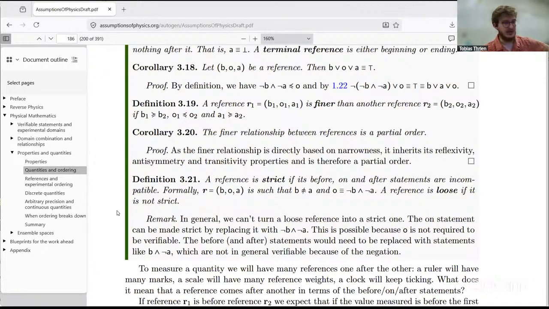Could we run into an issue that the on statement becomes impossible as well? Let me think. Can it become impossible? It shouldn't. If you define it as not before and not after, it would be another thing that can go wrong.